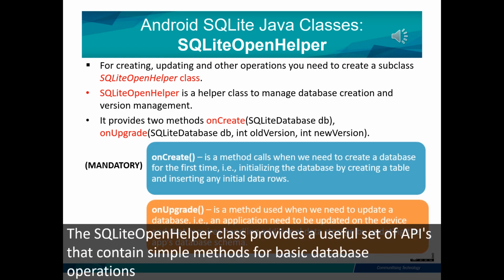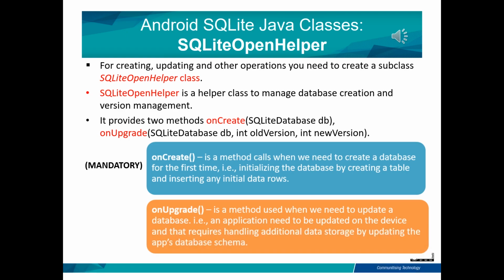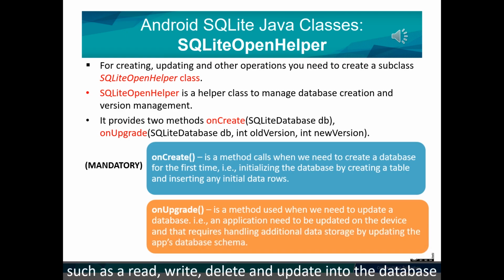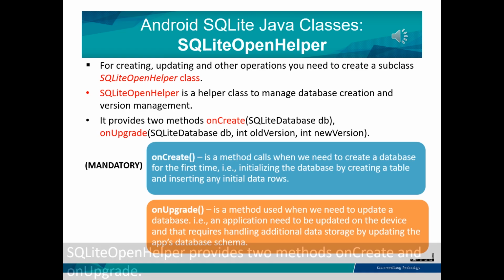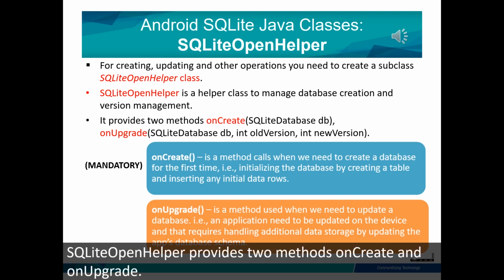SQLite Open Helper class provides a useful set of API that contain simple methods for basic database operations such as read, write, delete, and update into the database. SQLite Open Helper provides two methods, which are onCreate and onUpgrade.